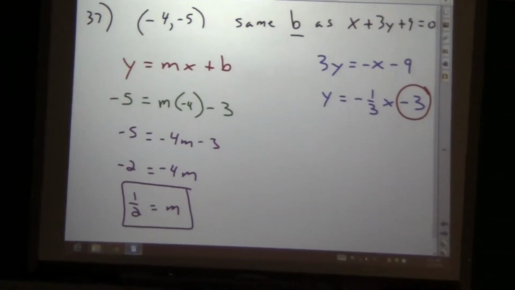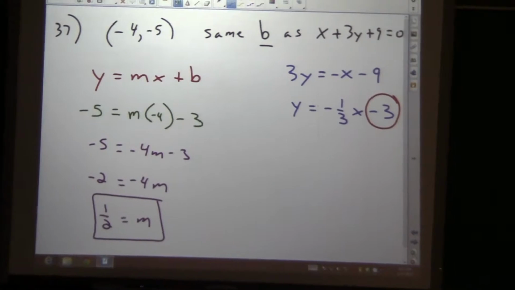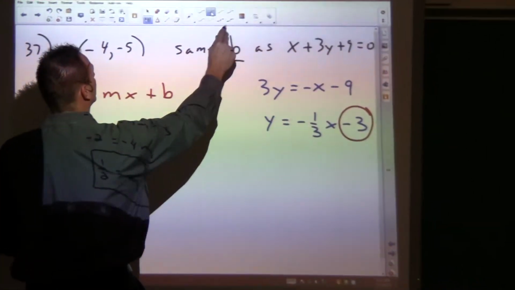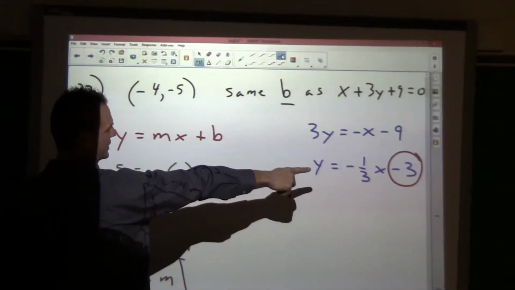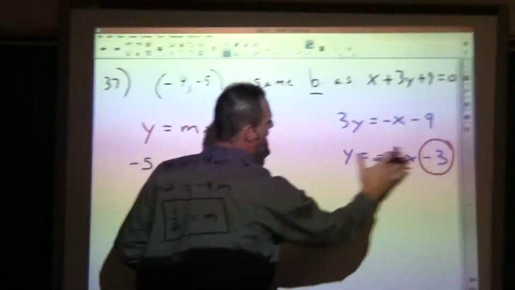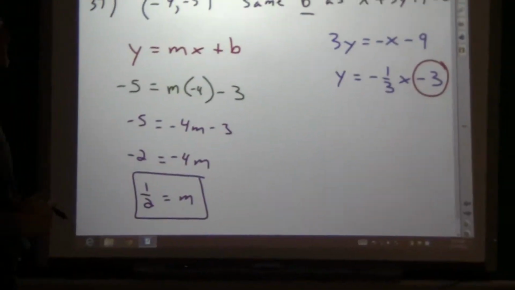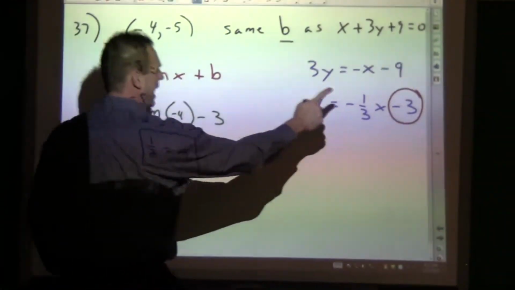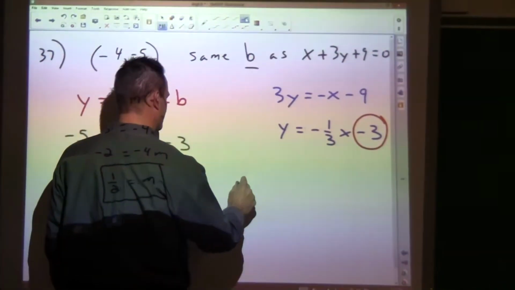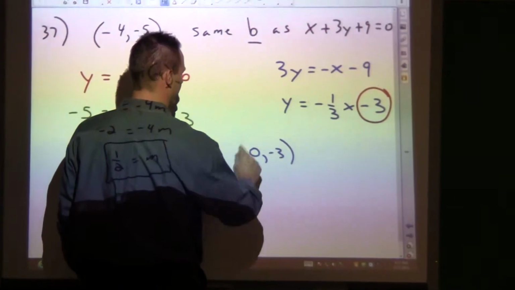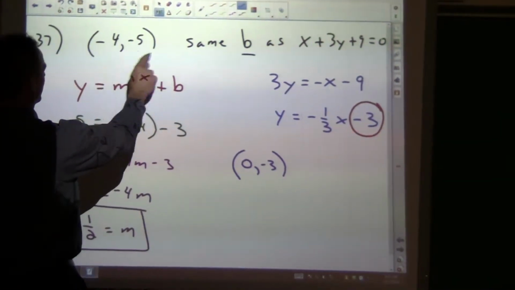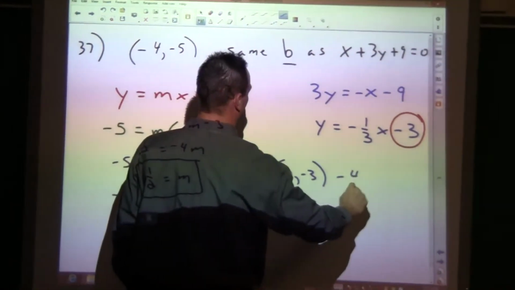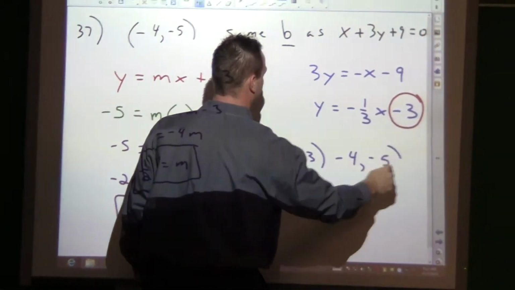Now, how can I check that? Well, if I have the y-intercept, I know that this equation and the equation that I'm trying to find will have the same y-intercept. That point is (0, -3). And they gave me a point, (-4, -5).